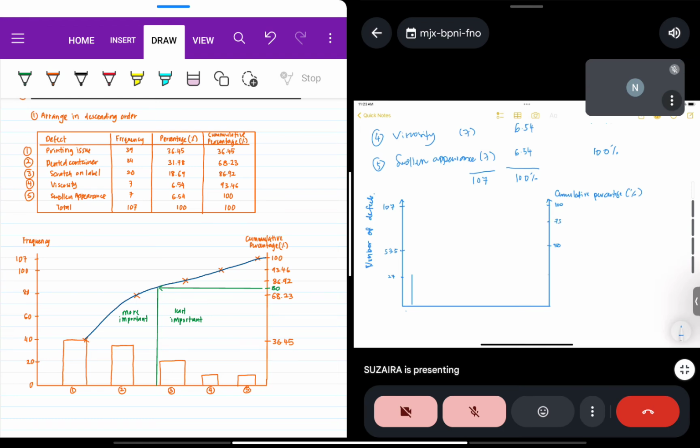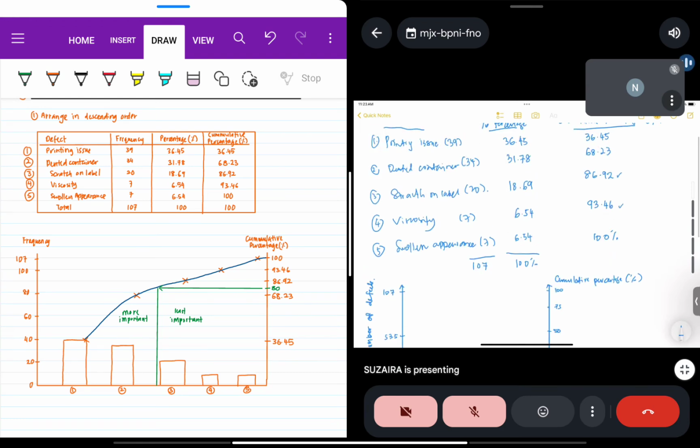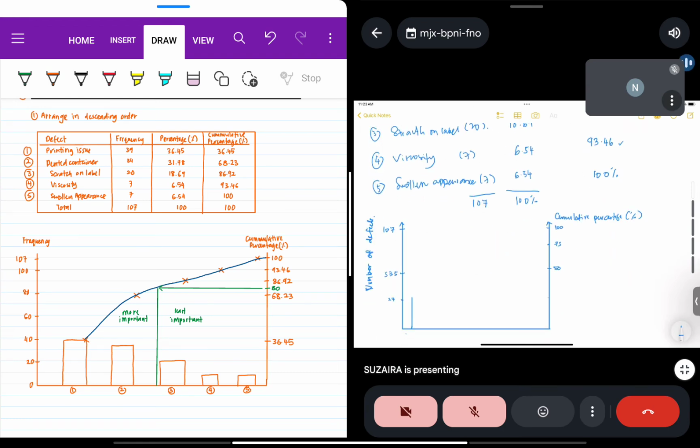Okay, so just now we have 39. 39 probably around this area. Is it too high? And then you have like 34.